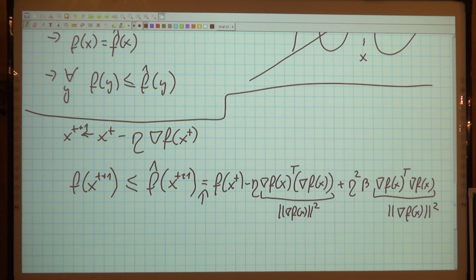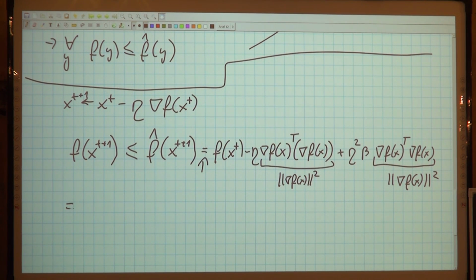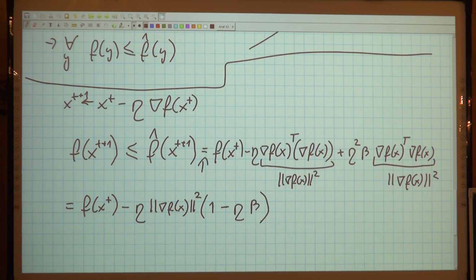So what can I write? I can write that this is f of x_t minus, and I will write these things with a common denominator, the norm of the gradient squared times eta times (1 minus eta times beta).